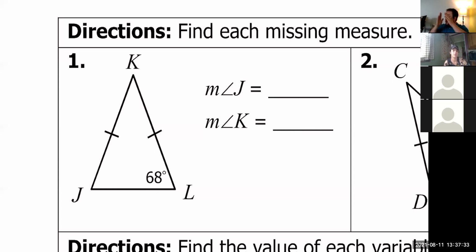Yep. Well, if those two sides are congruent, then I happen to know that two angles must also be congruent, which in this case would be angle J and angle L. So I already know what angle J's measurement is, 68 degrees. But how do I figure out the third angle?